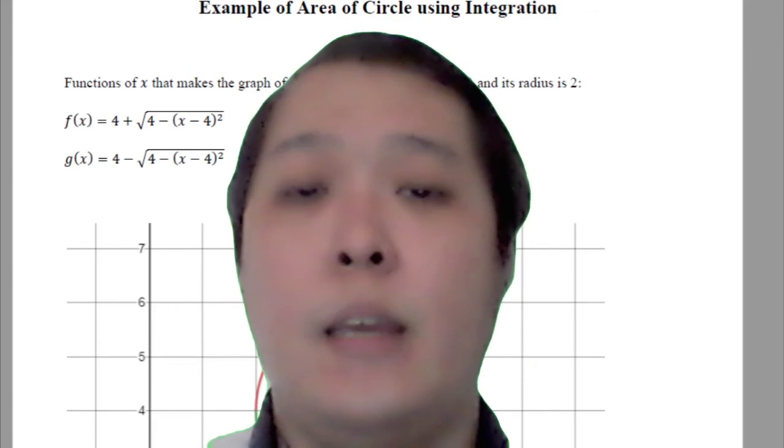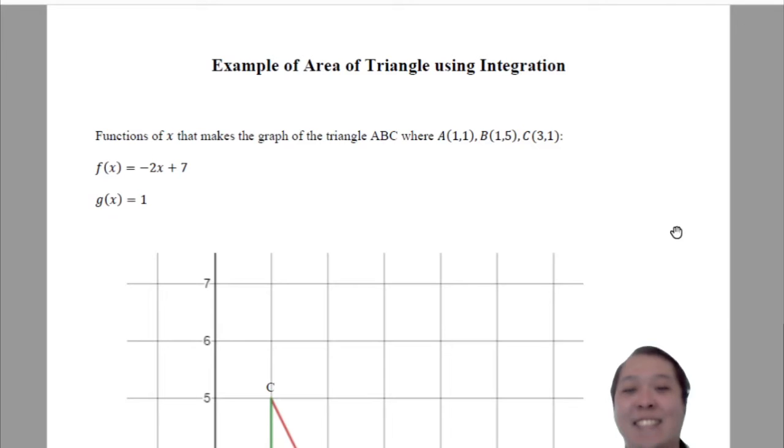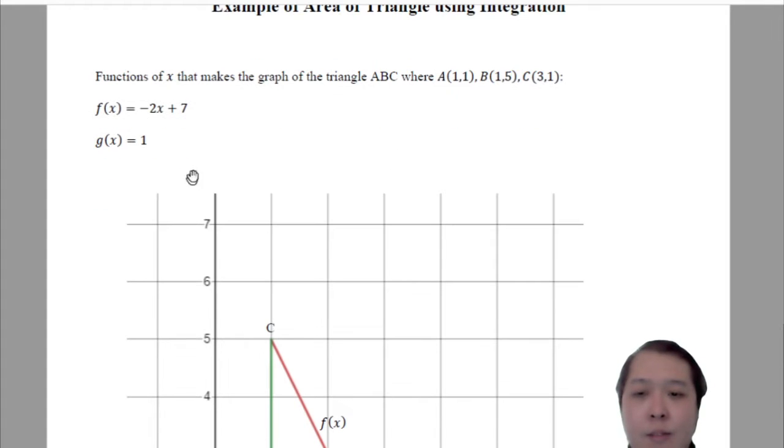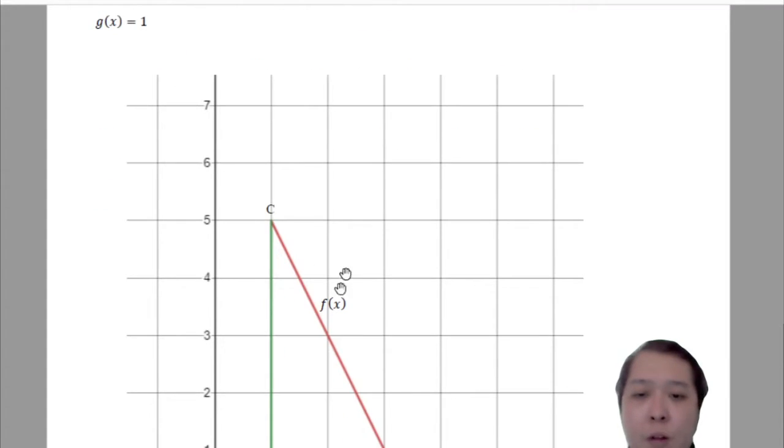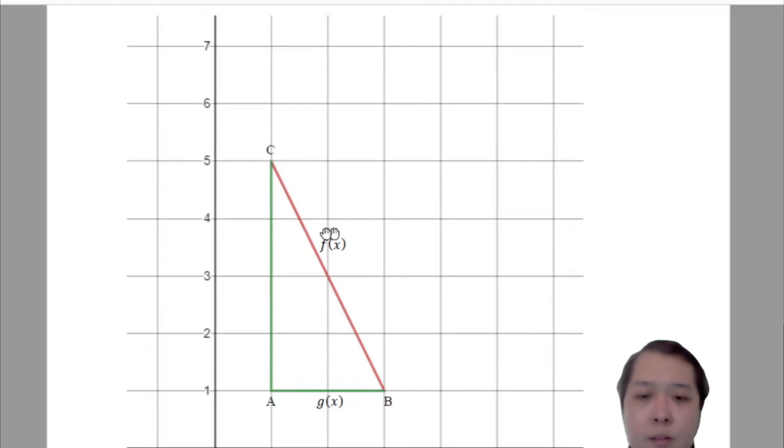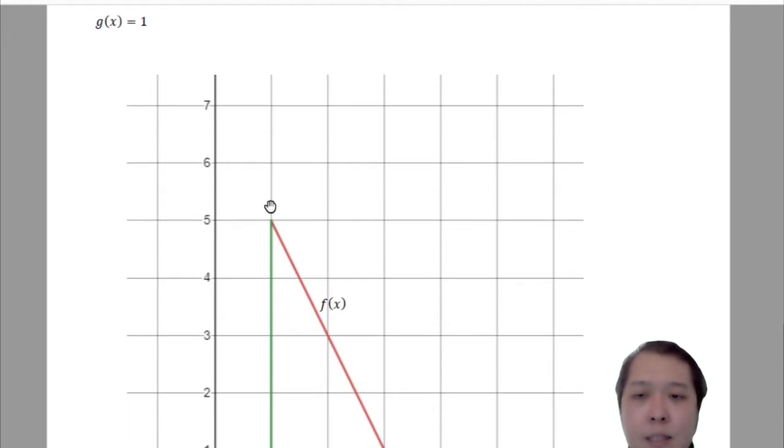Math is literally everywhere. Okay guys, in this first example, I have a triangle ABC with these coordinates A(1,1), B(1,5), C(3,1), and we have two functions involved for this triangle. f(x) is this side BC.